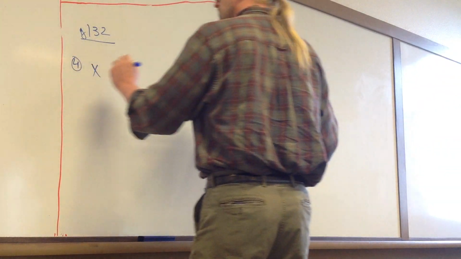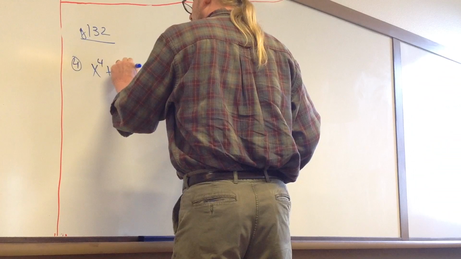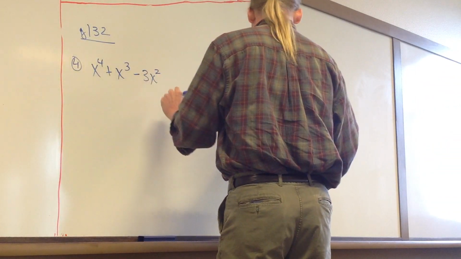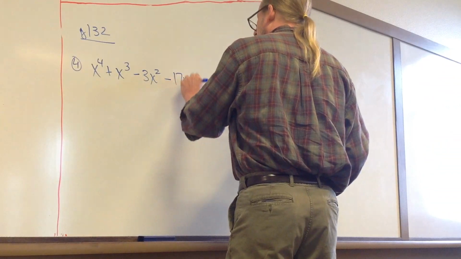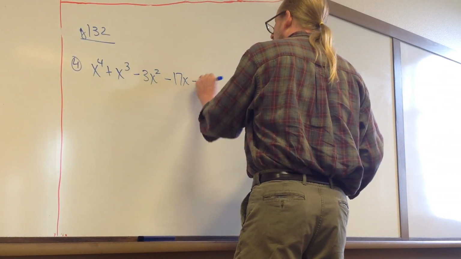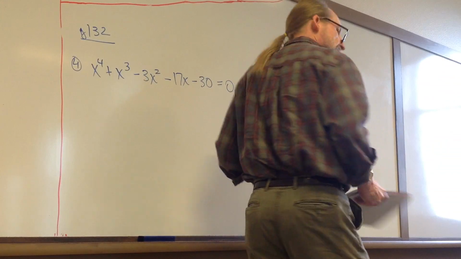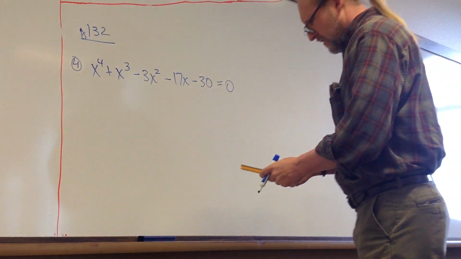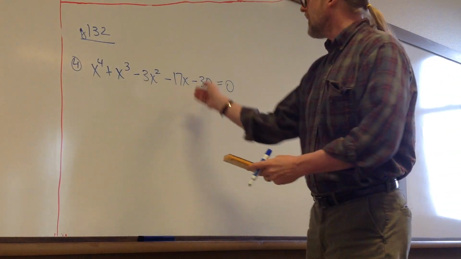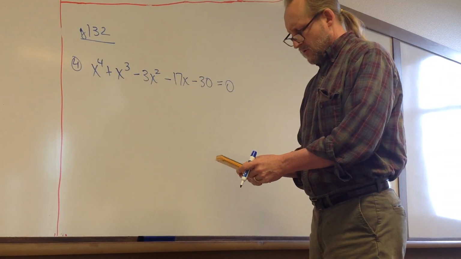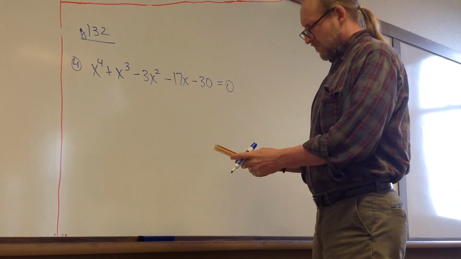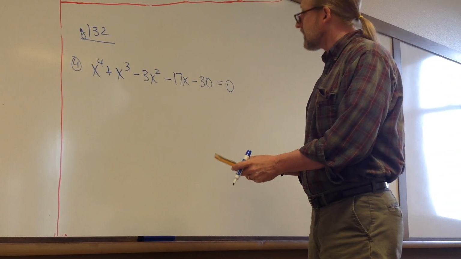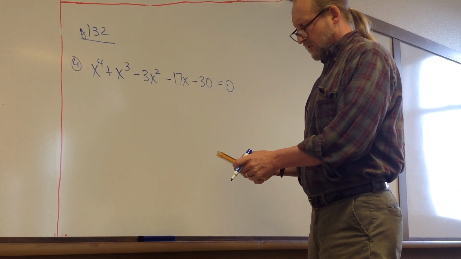So we've got x to the 4th plus x cubed minus 3x squared minus 17x minus 30 equals 0. All right, so again, first thing we want to do here is go ahead and graph our polynomial.